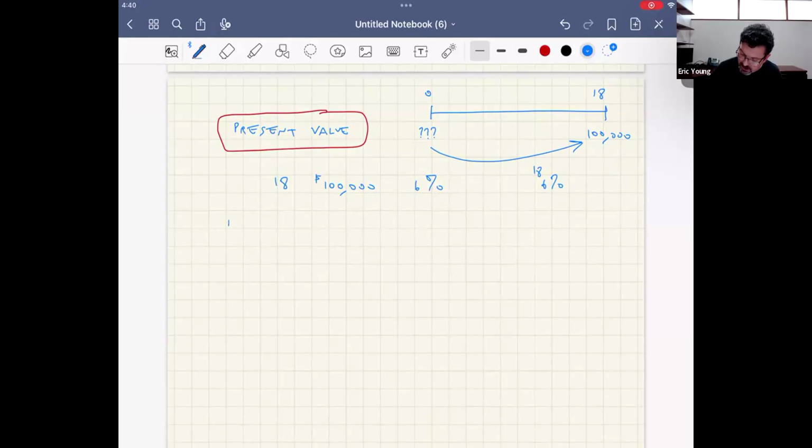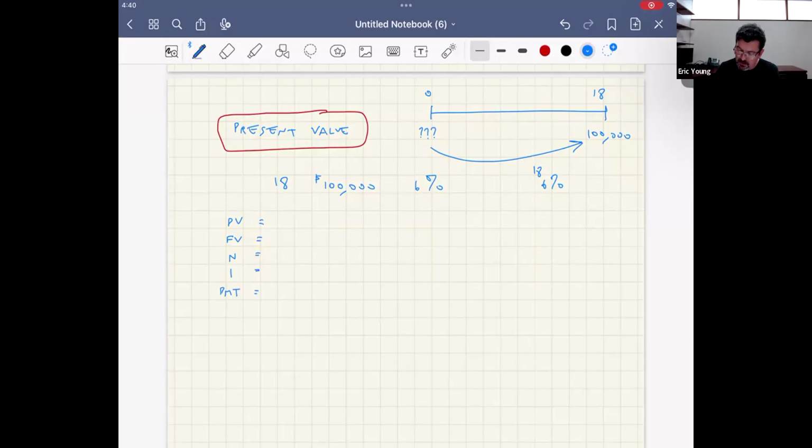Let's start as we always do with our little cheat sheet to keep organized. Present value, future value, N, I, and PMT. We know it's a scavenger hunt, so we're given four, or we can deduce and figure out four, and we're solving for one.